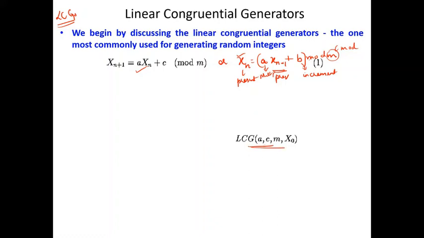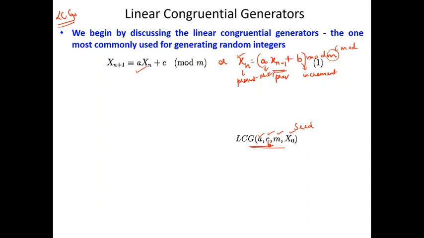I'll call this LCG with the multiplier a first, then the increment. This increment can be b or c. Whatever I specify second, it is the increment. Then I'll have the modulo value. And finally, I'm going to specify the seed value or the initial value.